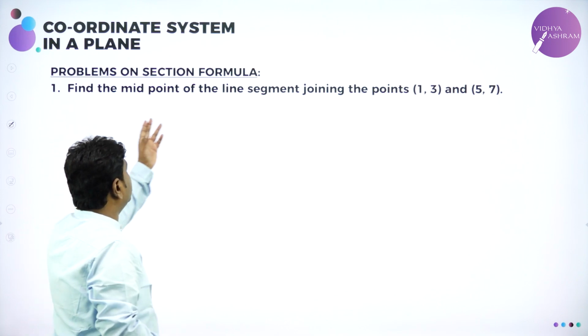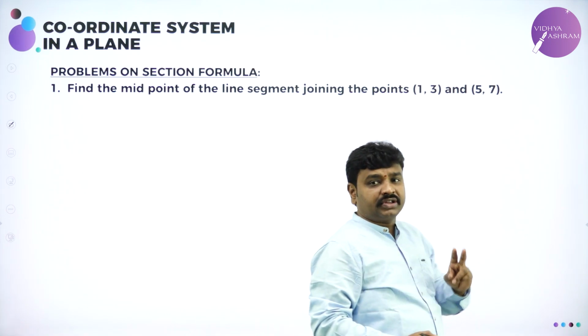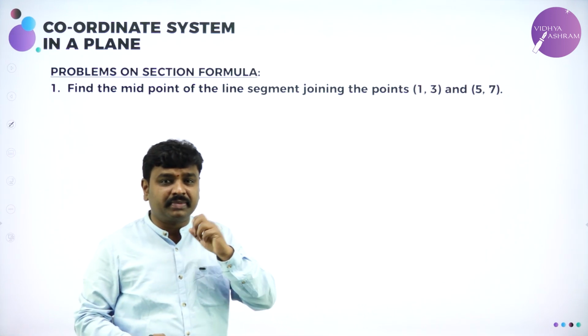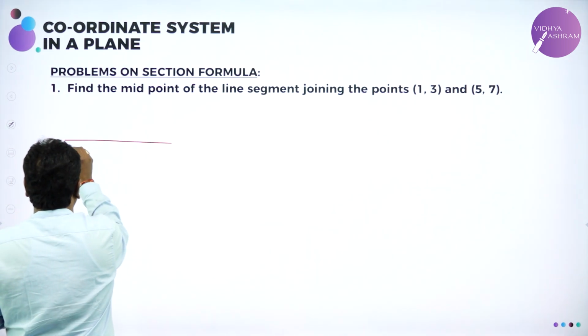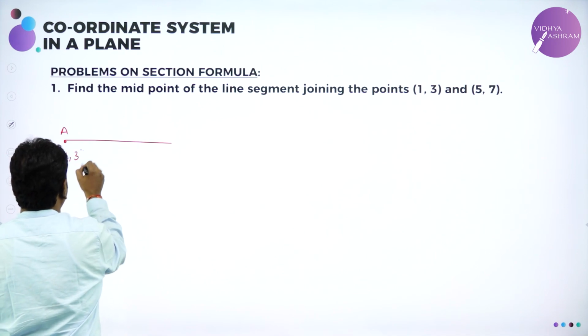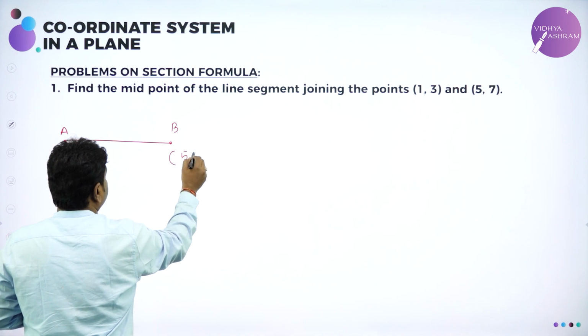Now find the midpoint of the line segment joining 2 points. They gave 2 points, and they want you to find the midpoint of the line segment joining them. Point A is (1, 3) and point B is (5, 7).